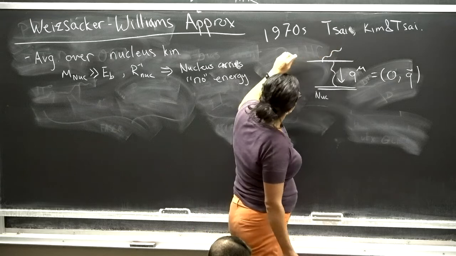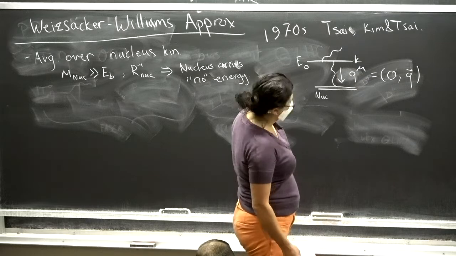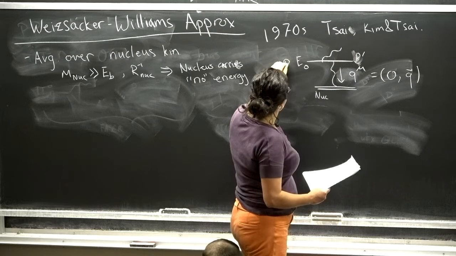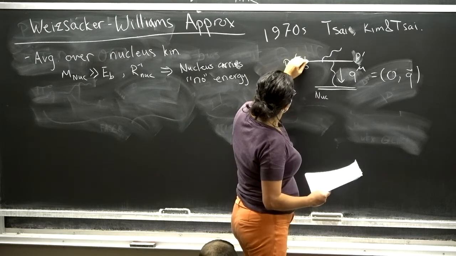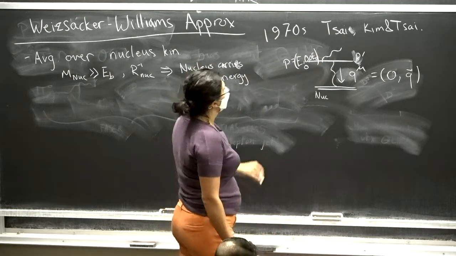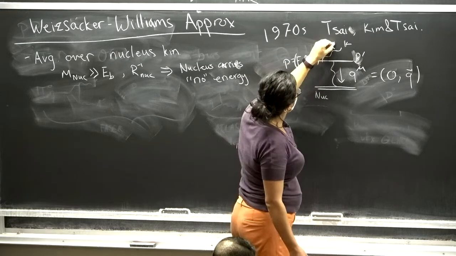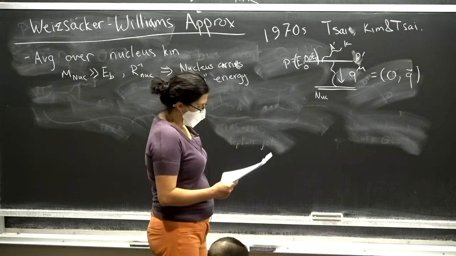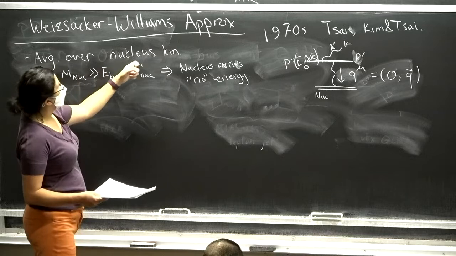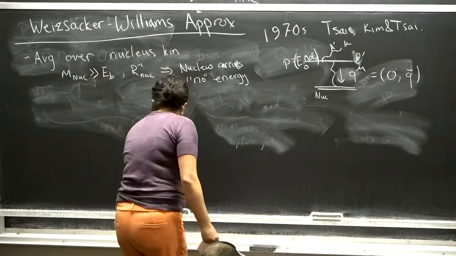And then I'll have some initial beam energy E naught, outgoing momentum K. So this is P, which I'm going to assume is (E naught, 0, 0, E naught) if I neglect the electron mass. Some recoil momentum P prime, and then the momentum of my dark photon. And if I'm averaging over the nucleus kinematics, or integrating over it, sorry, not averaging.